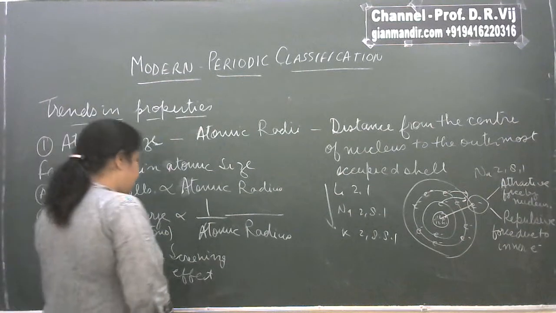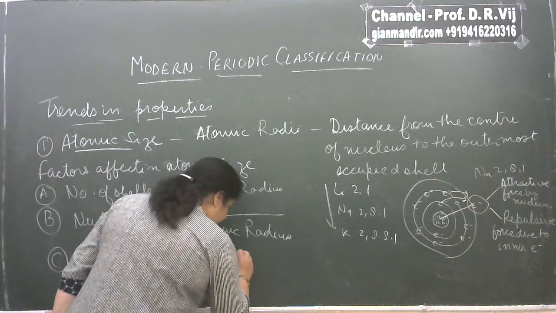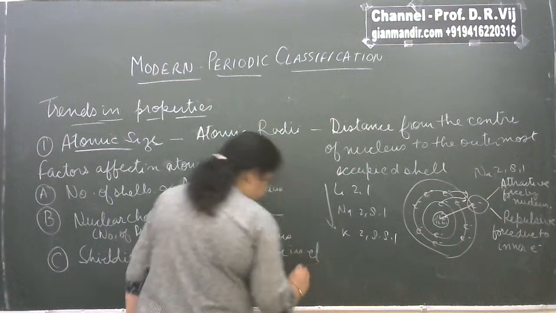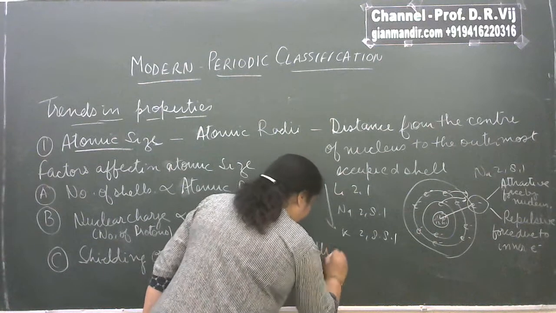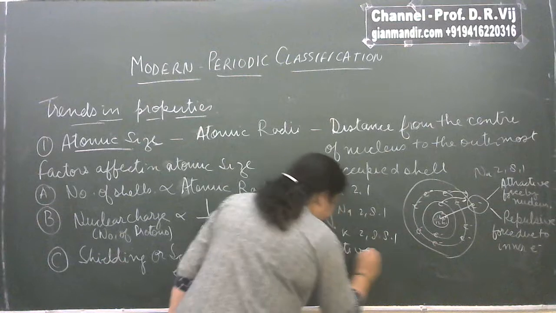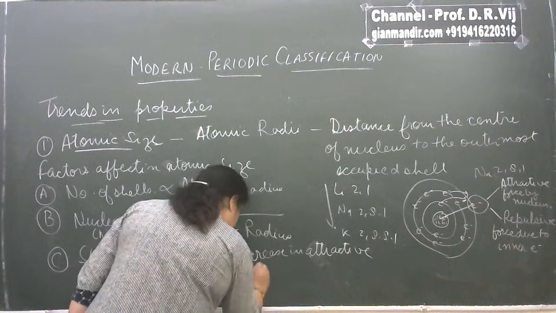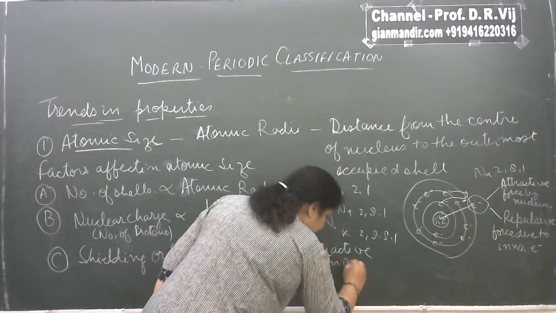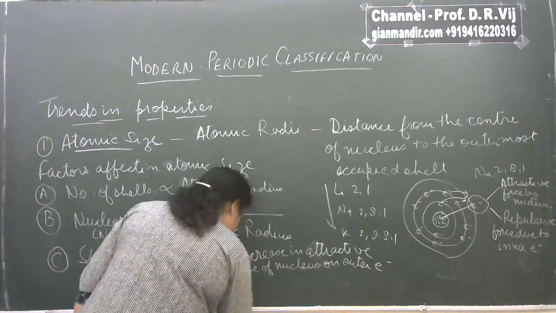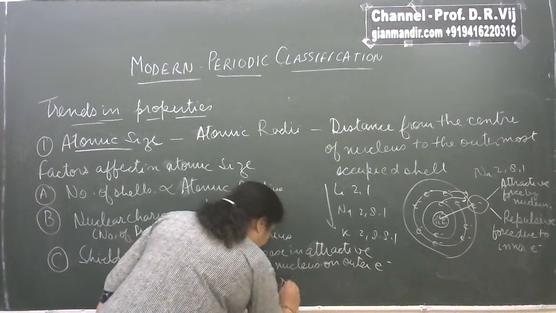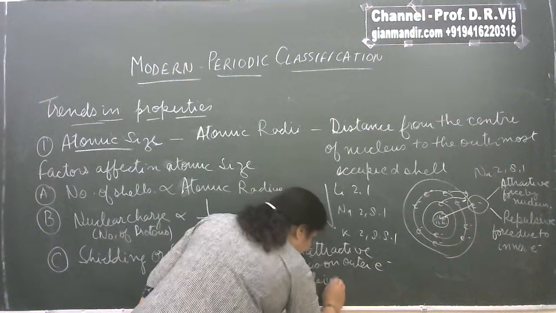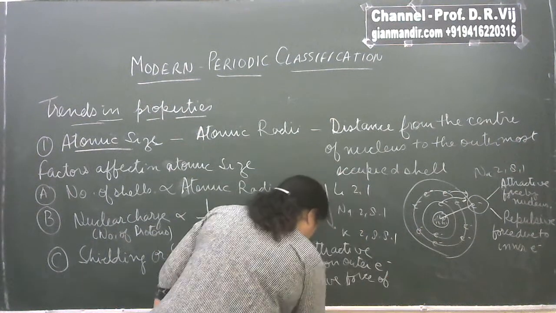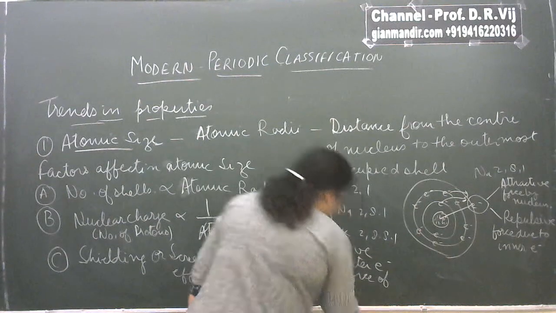So what is screening or shielding effect? Now we can define it as the decrease in attractive force of nucleus on outer electrons due to repulsive force of inner electrons.